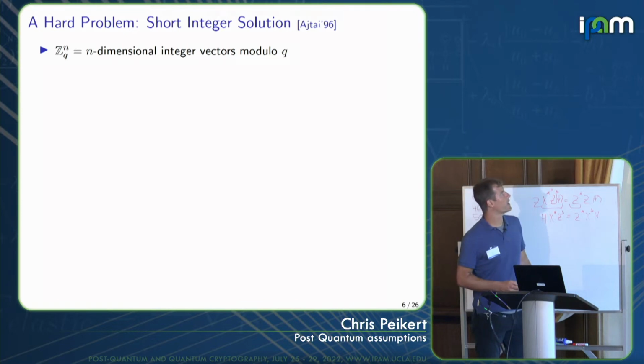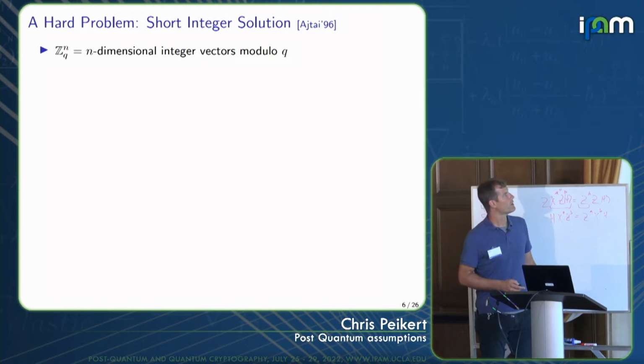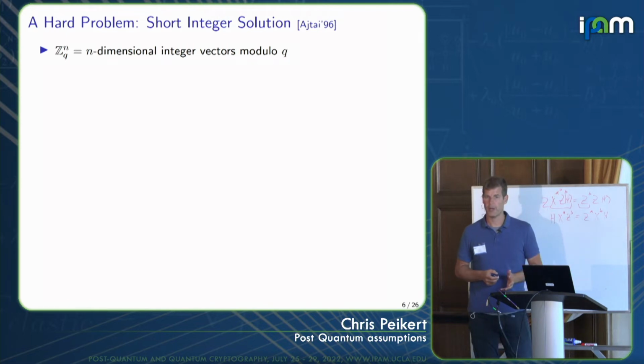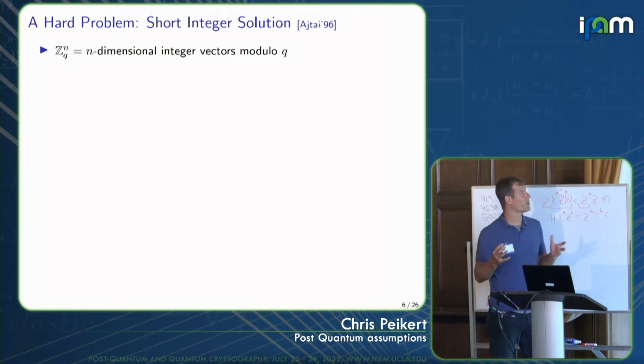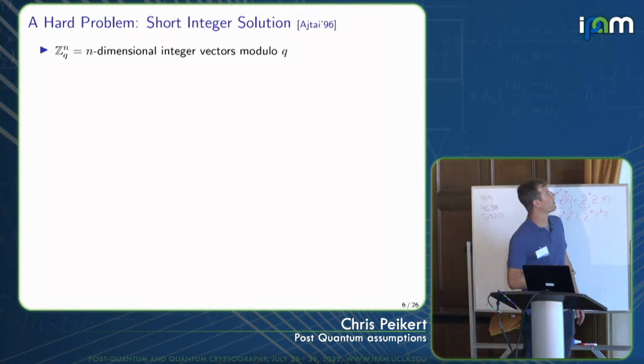The problem is called SIS, or short integer solution. This was defined in the seminal work by Ajtai in 1996, although the problem itself goes back even farther. It looks a lot like subset sum, and it has a long pedigree. Okay, so here's the problem concretely.